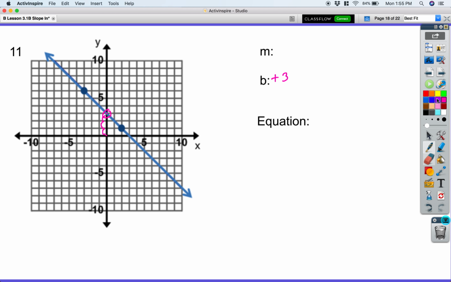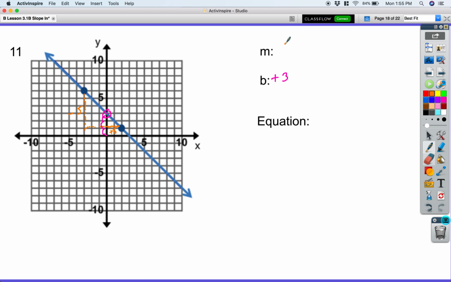Now I'm going to find my slope, which is just my rise over run. So I go down 1, 2, 3, 4, 5. I just went down 5 spots. I go over 1, 2, 3, 4, 5. And so then I go to the right 5 spots.